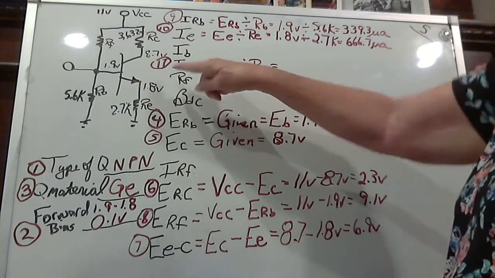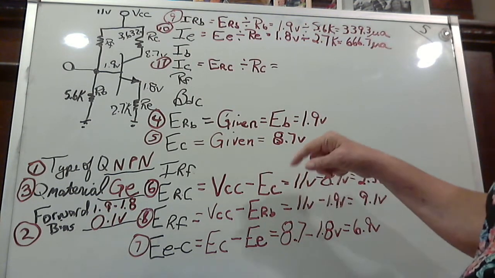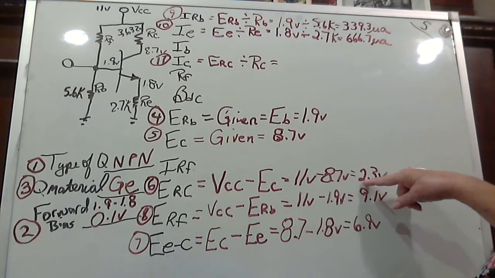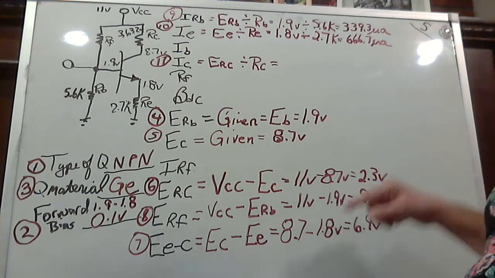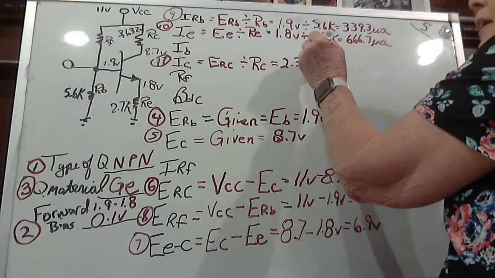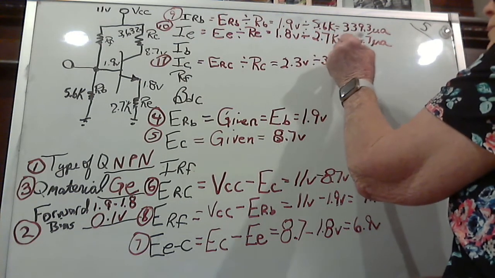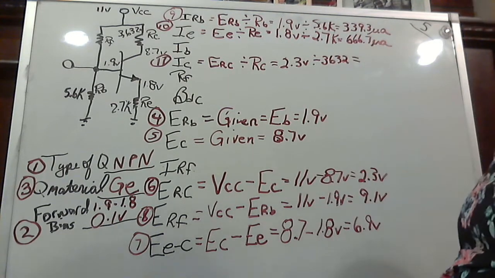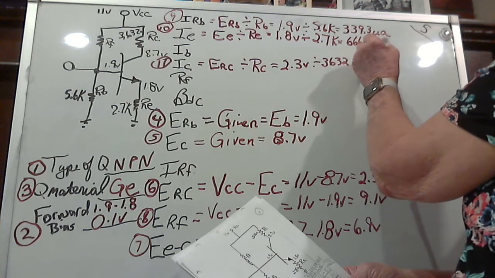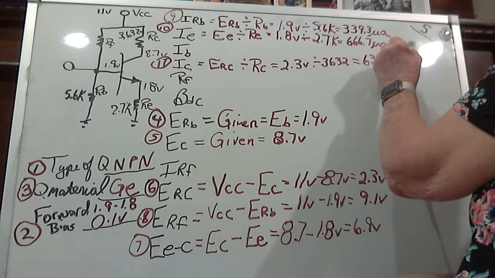We found out earlier that this value here is equal to, I lost my place here, 2.3 volts. And that is divided by the 3,632 ohms. What we will find there is that's equal to 633.3 microamps.